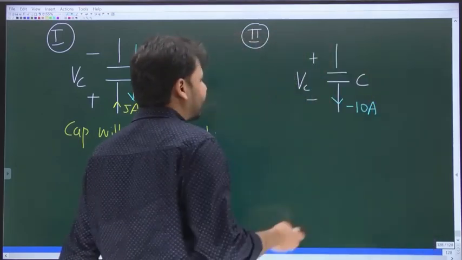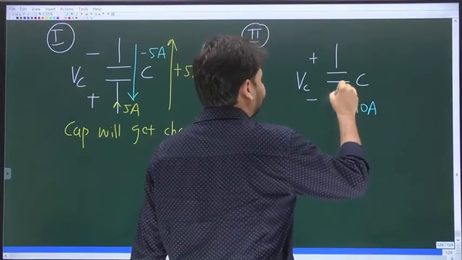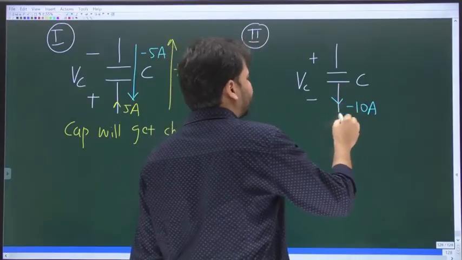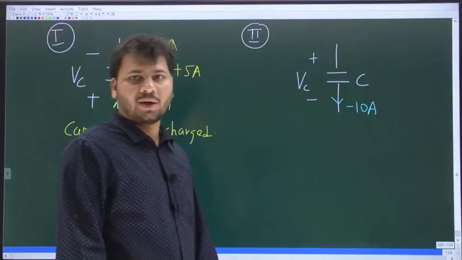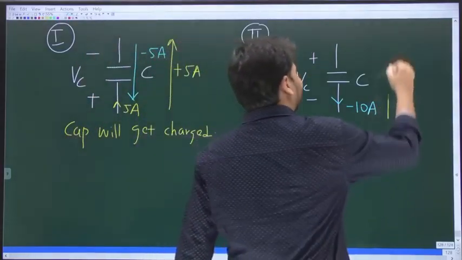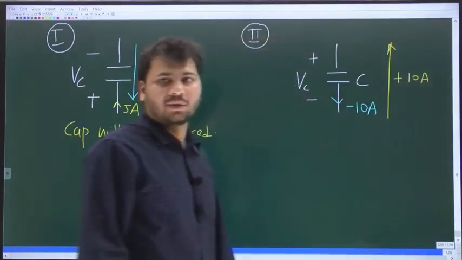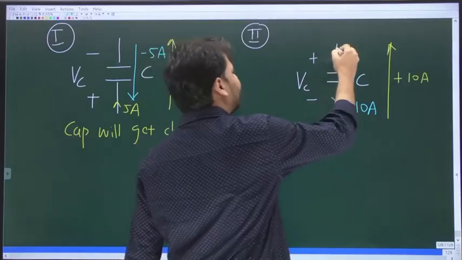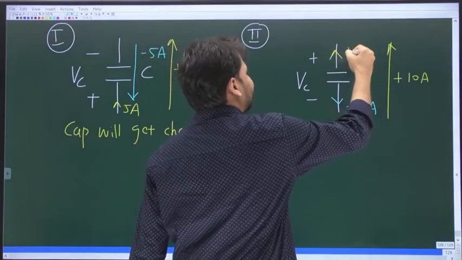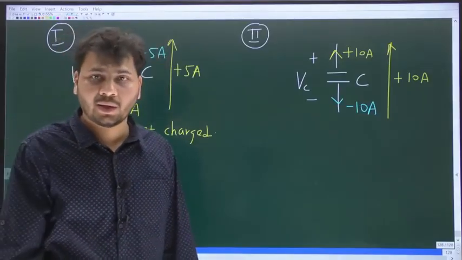Now coming to the second case, what is the current through the cap? It is given as minus 10 amps. Look at the direction of minus 10 amps: flowing in the downward direction. Minus 10 in the downward direction is plus 10 amps in the upward direction. Again, look at the plus terminal. At the plus terminal, we have a positive current flowing out of the element.